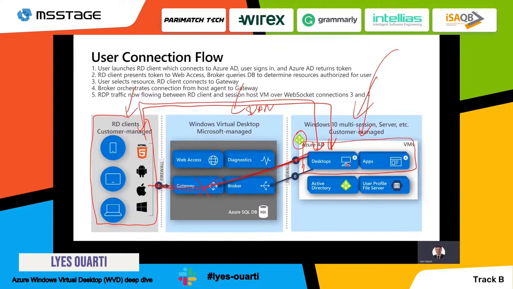But this was only announced yesterday, and it should come in the next few months. And this is the authentication flow. Once you authenticate, you can start working. As I mentioned, you can publish desktops, and you can publish applications as well.